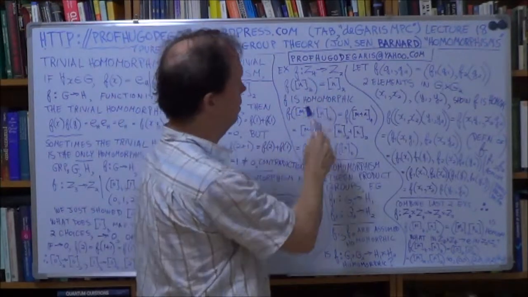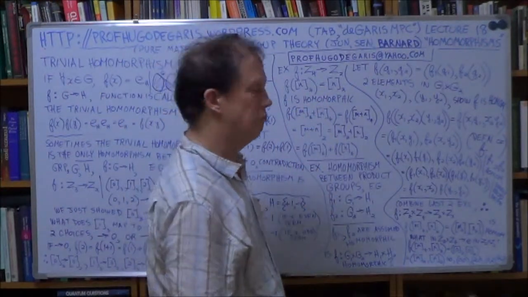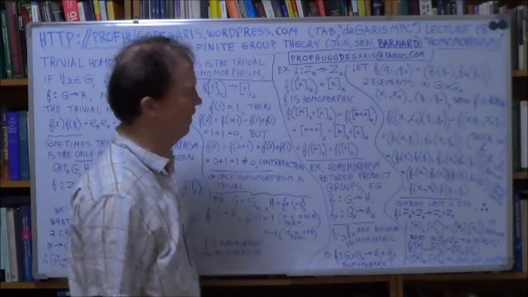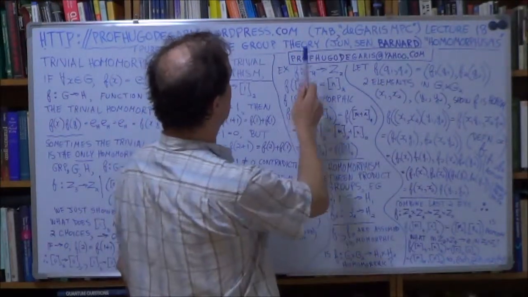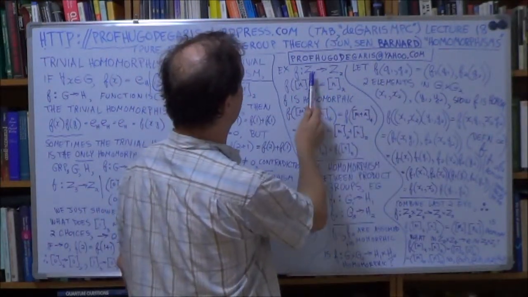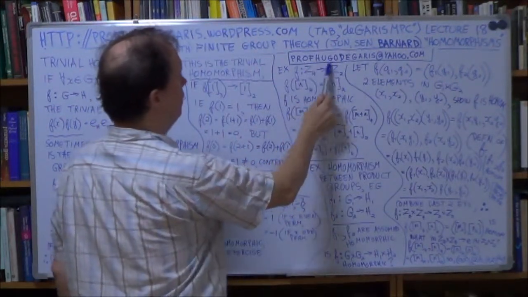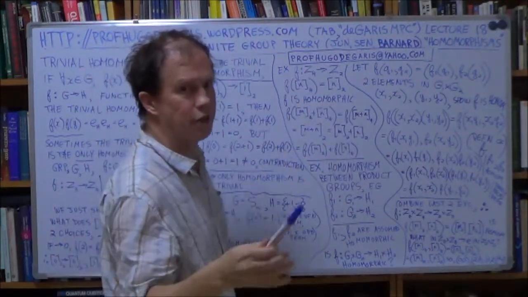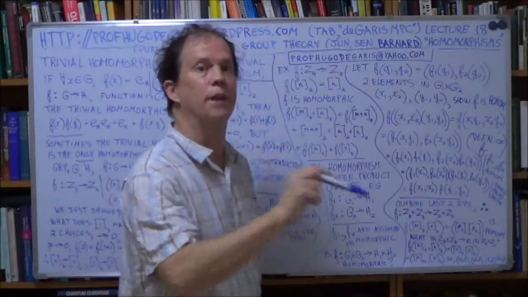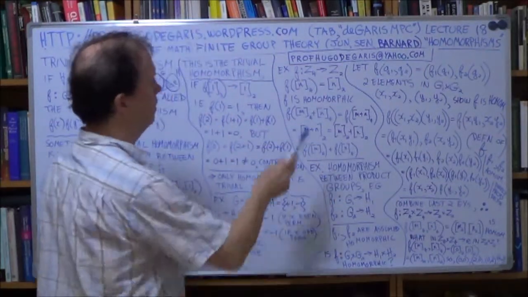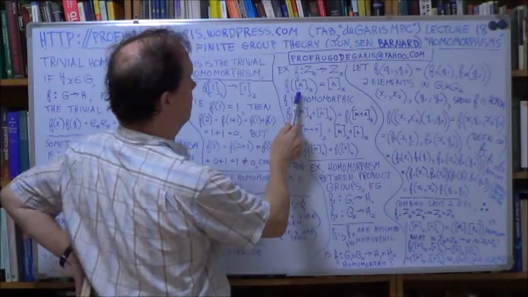This one's a bit more, what's the word? Friendly. It works. Okay, so we're trying to map Z4 into Z2. So that's mapping two groups. So how does that translate into mapping an element into another? Well, this way.